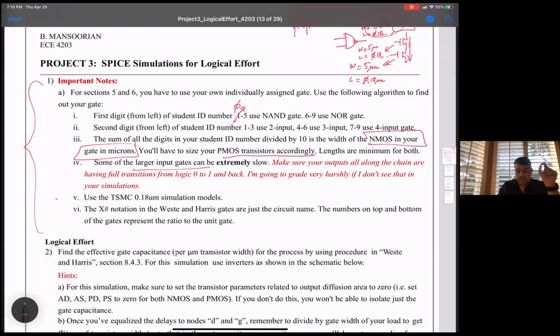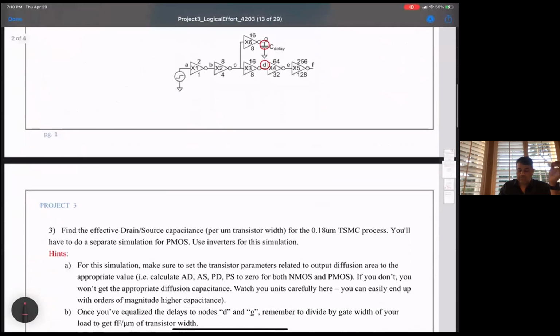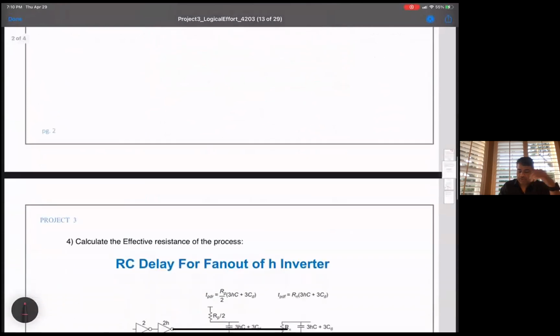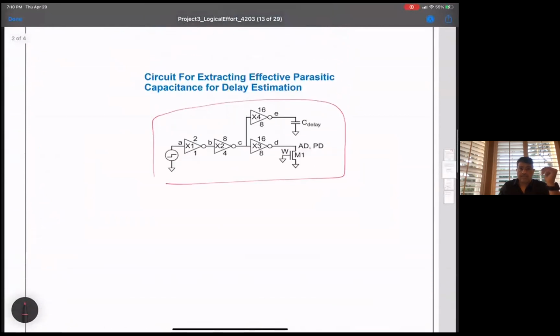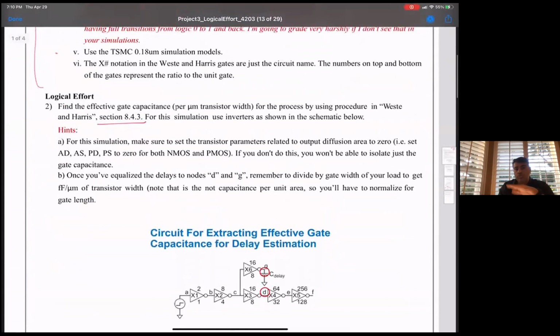Okay, so for everything, use the TSMC 0.18 micron simulation models. I'm referencing section 8.4.3 of Weste and Harris, our book, repeatedly as a reference, because he's taking you step by step through the same process, but I think he's using like a 65 nanometer transistor model, etc. Don't use that.